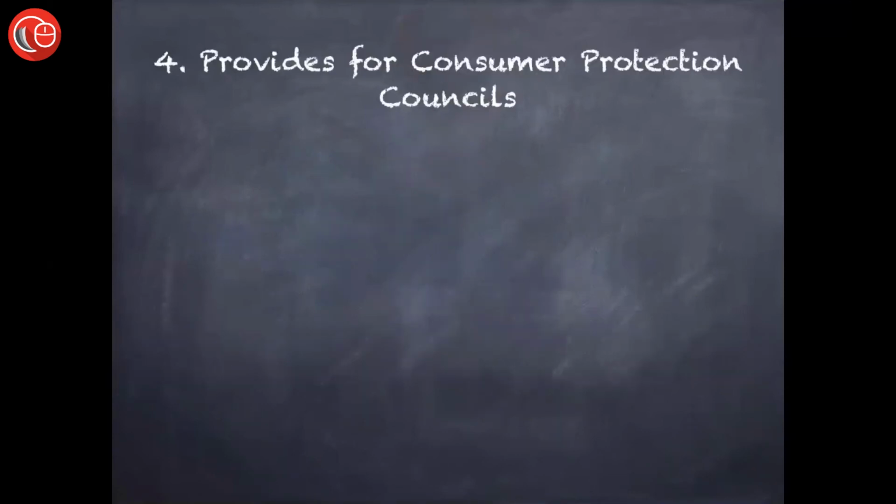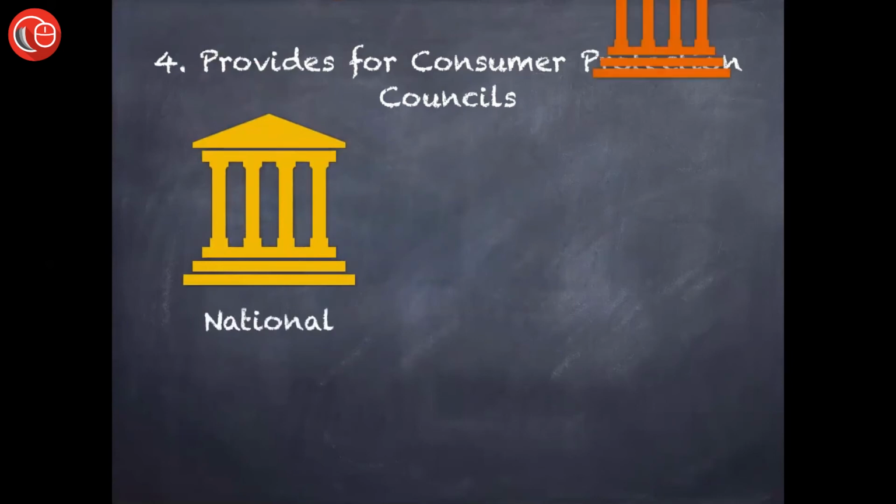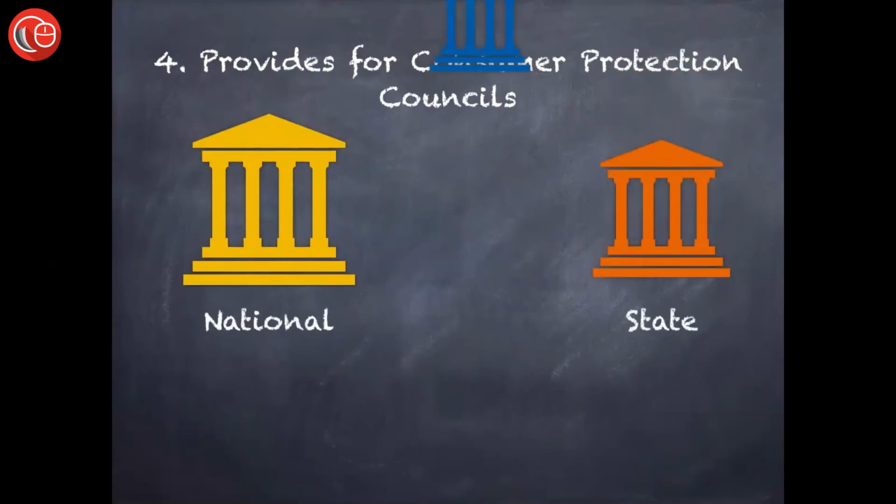Now, the next point is that it has a provision for consumer protection councils. Let's see what consumer protection councils we have under this act. First is the national CDRC, second is the state CDRC, and third is the district CDRC.